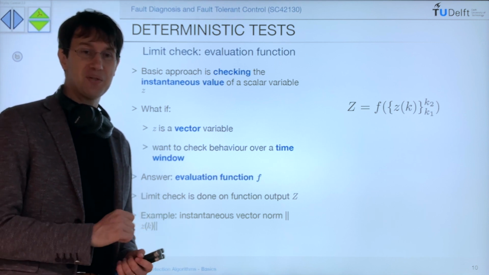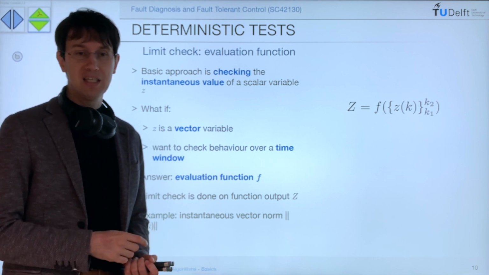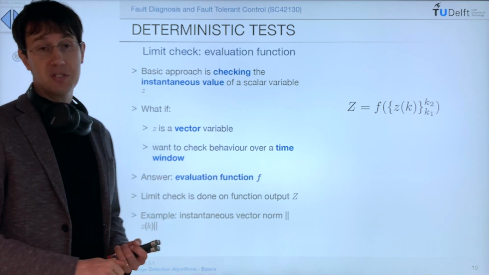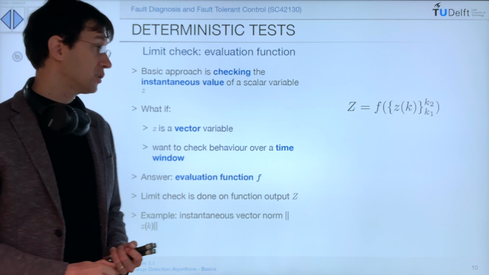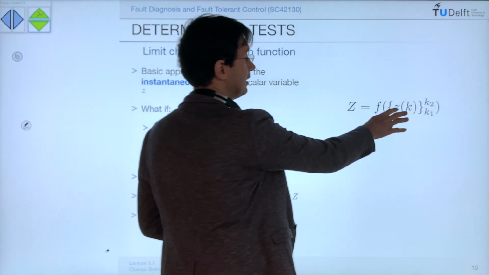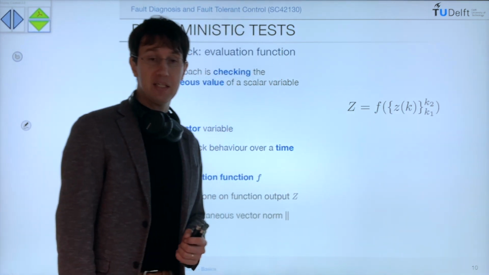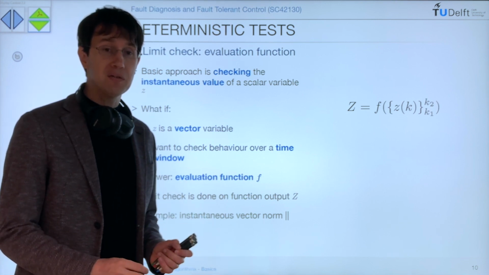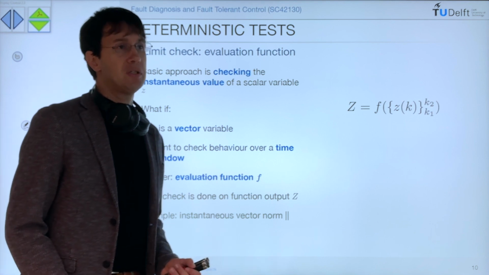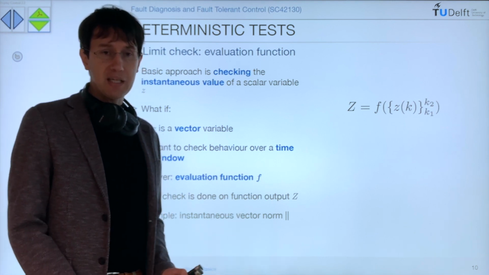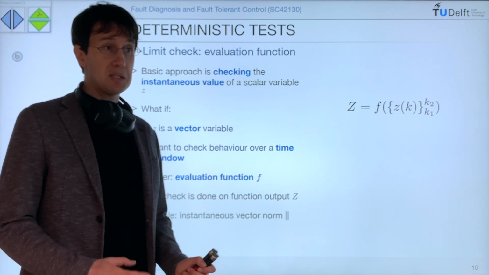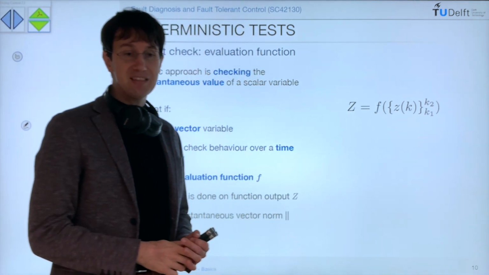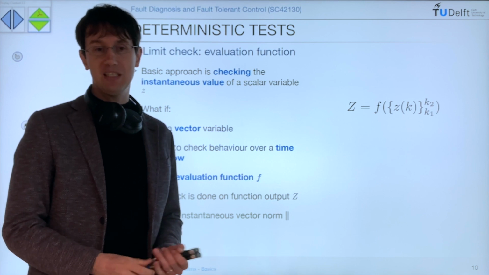We can turn this problem into the previous one, the one of checking a scalar, if we introduce what we call an evaluation function. So we take our z, which can be a vector, can be a scalar over a time window, can be a vector over a time window, can be a matrix, whatever, can have any dimension in space and time. And we apply to it a function f, and this function f has an output that is scalar.